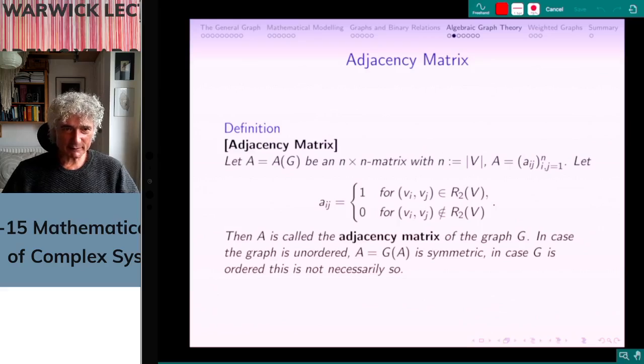So how is the adjacency matrix defined? Let's have a look. We denote the adjacency matrix by capital A. Don't get confused in this case with the capital A we used for the arrow set before. These are now two distinct things, and the adjacency matrix will be associated to a certain graph G. We assume here that the graph G has a finite cardinality, let's say a cardinality of n, in the natural numbers.